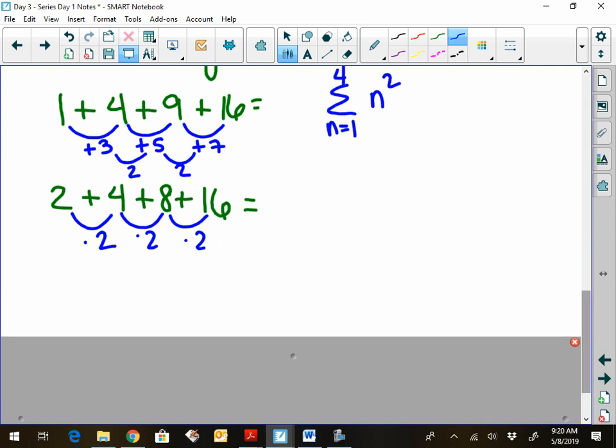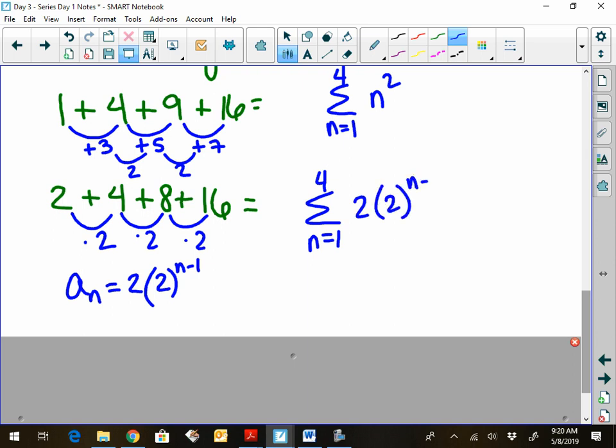So my explicit function for geometric, I would have a sub n equals a sub 1, which is 2, times my ratio, which is 2, to the n minus 1, okay? So then my sigma notation, I have the sum of n equaling 1 to how many terms do I have? 4 terms. And then my explicit equation. So I have 2 times 2 to the n minus 1.